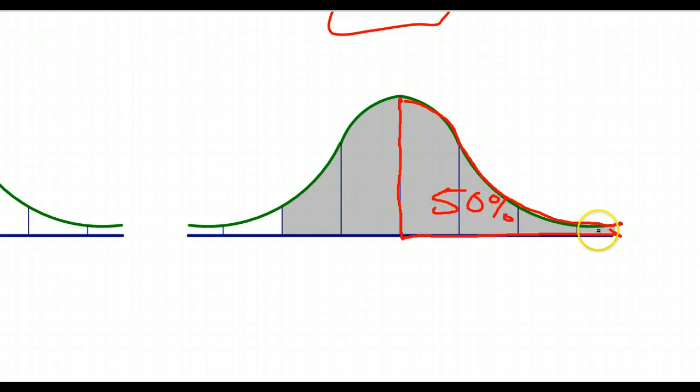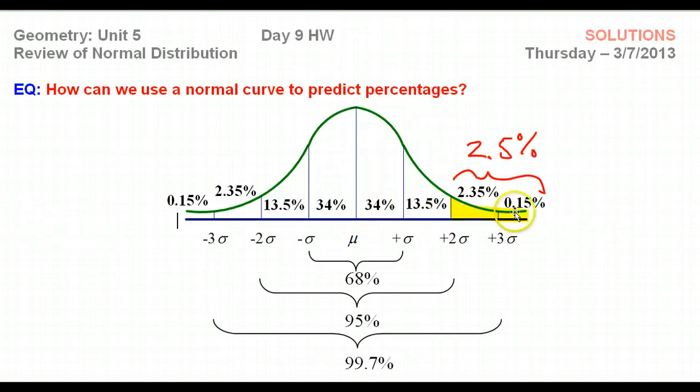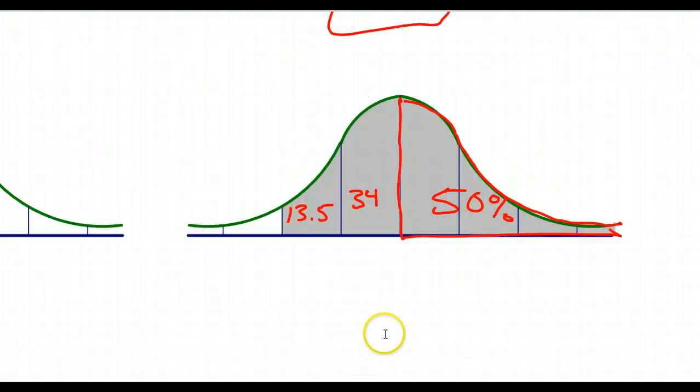It's half the graph. So one thing you could do is start with your 50% and then add your 34, which is what this is, and your 13.5. These are numbers I've memorized off of the chart, as you have hopefully by now. So if you just add those numbers and see what you get, that's going to be your answer.